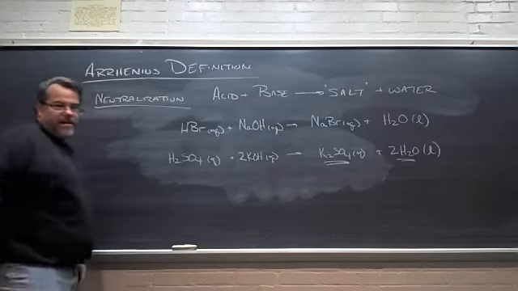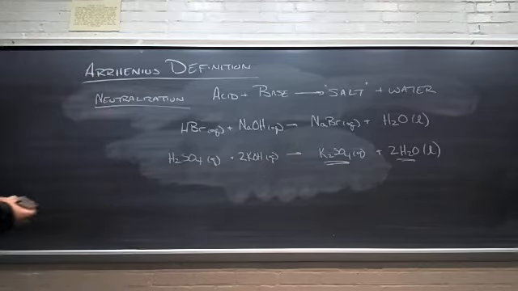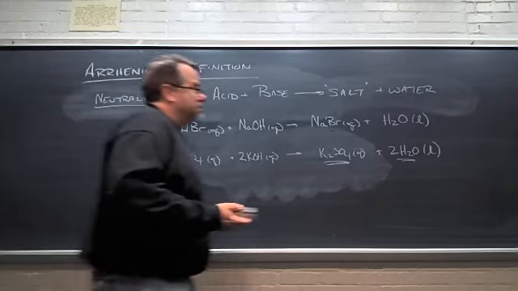See that when you balance that out, you're going to get a 2 there. Okay. All right. So that about does it for the Arrhenius model.